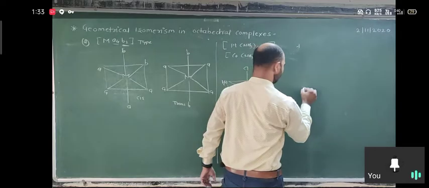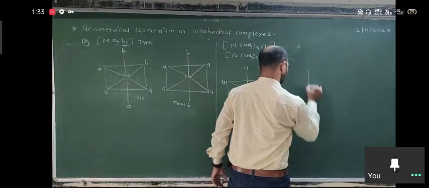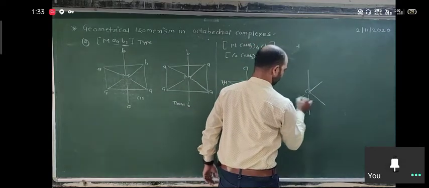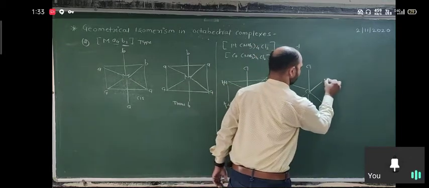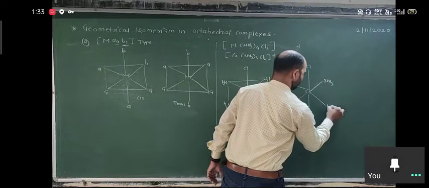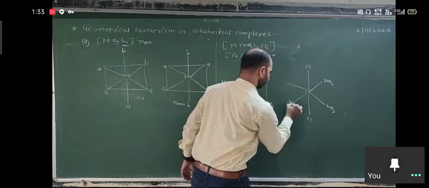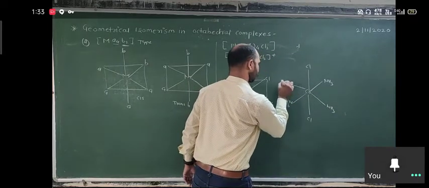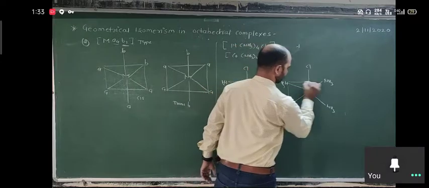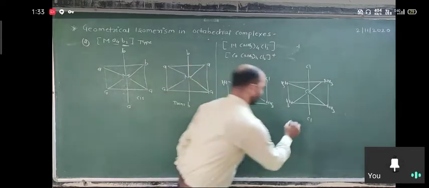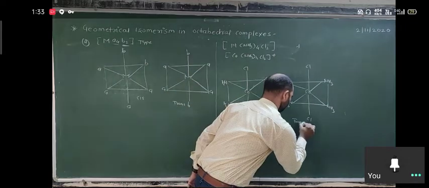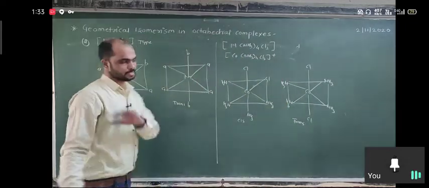and for trans, Cl is here, another Cl is here, NH3, so cis and trans are isomers of each other.